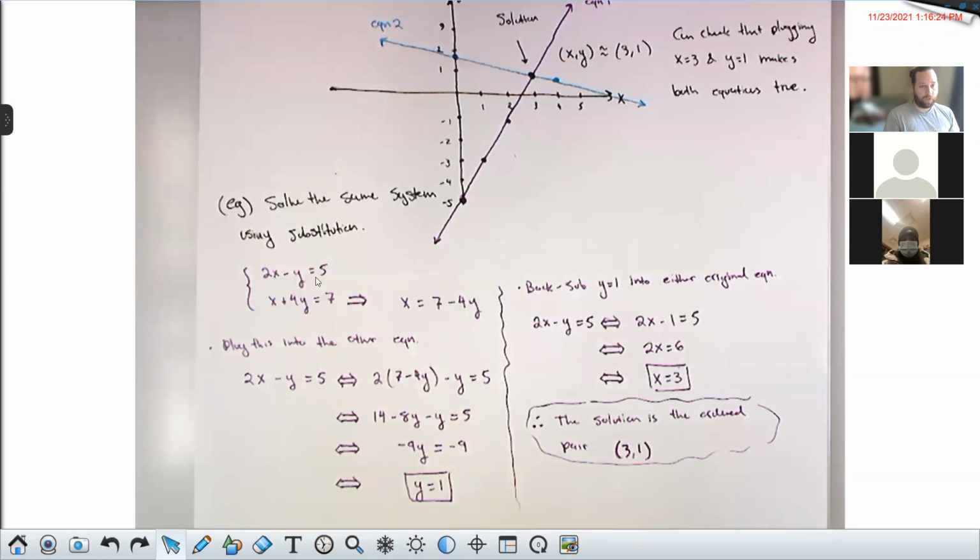If I want x and y to satisfy the other equation also, I can take this and plug it in for x here. And that's what we did. And that's how we found y. Once you get y, you can back substitute that into either original equation, because we're looking for a point that's on both lines. Plug that y value in, and you'll get x.